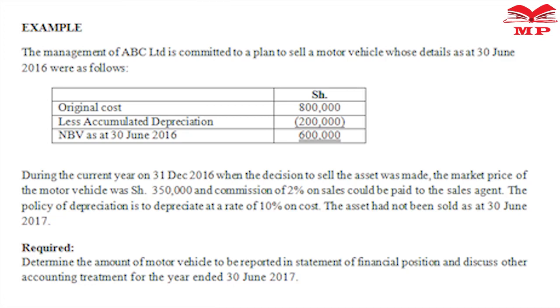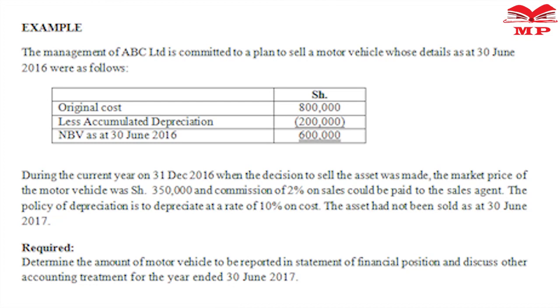As at 30 June 2016, we have the original cost of 800,000, accumulated depreciation as at 30 June 2016 of 200,000. The net book value as at 30 June 2016 is 600,000. During the current year, on 31st December 2016, when the decision to sell the asset was made, the market price of the motor vehicle was 350,000, and a commission of 2% on sales could be paid to the sales agent.